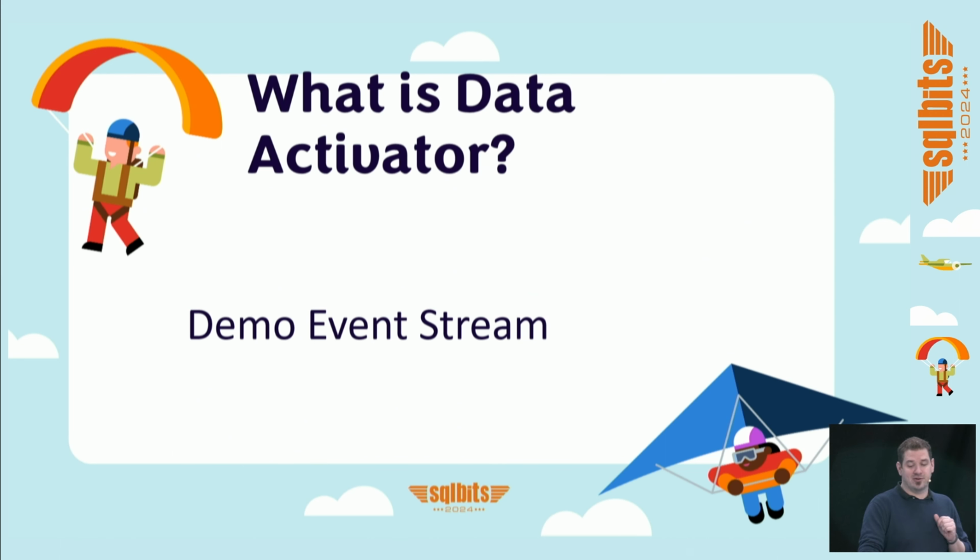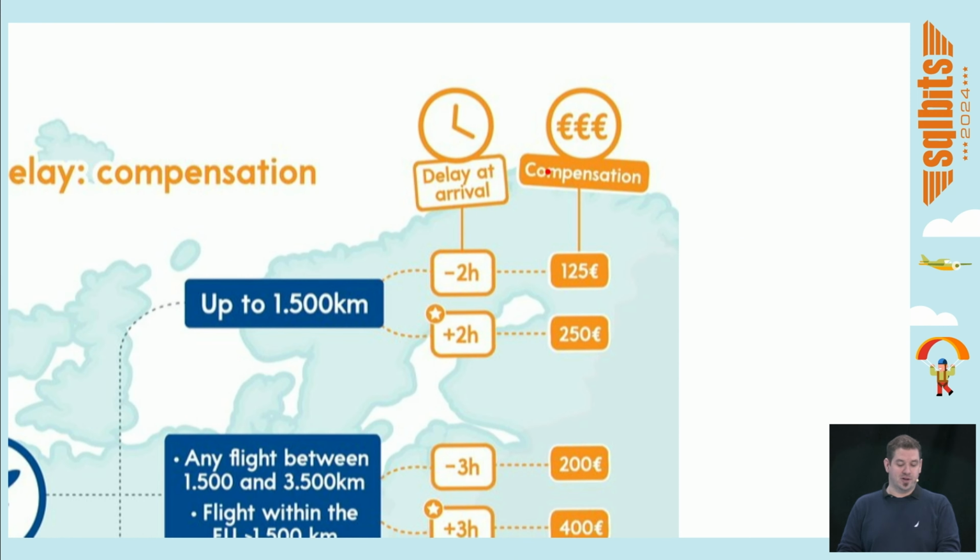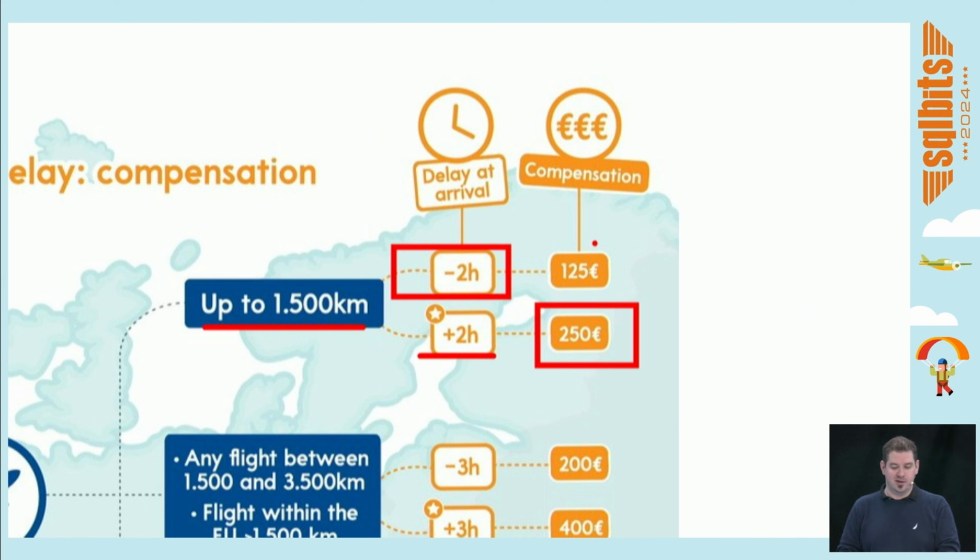And what I found very interesting, so it's about distance and delays. And what I also didn't know, for example, if you fly up to 1,500 kilometers and you're 2 hours late, you get 250 euros back. If you're 2 hours early, you get 125 euros back.